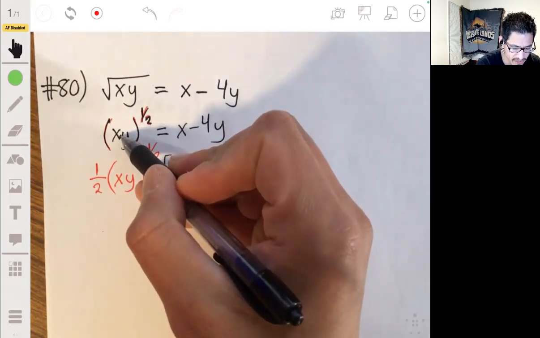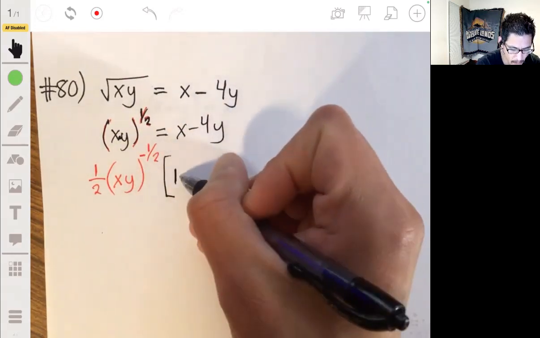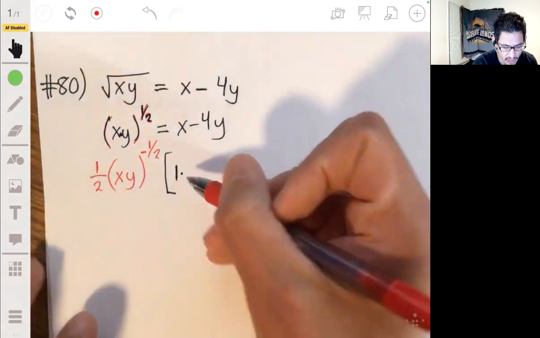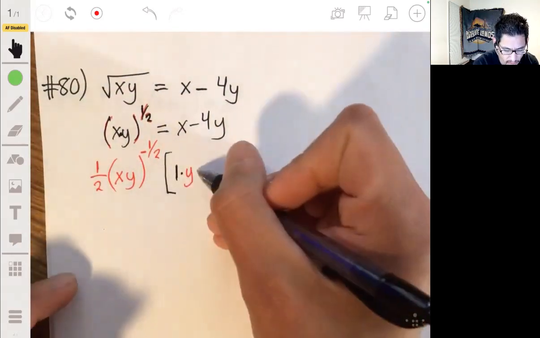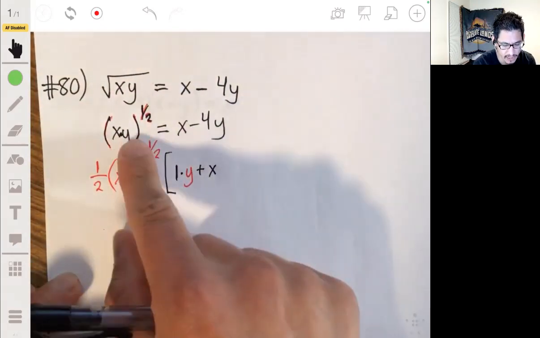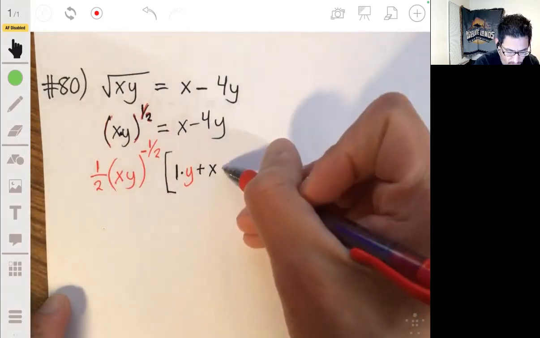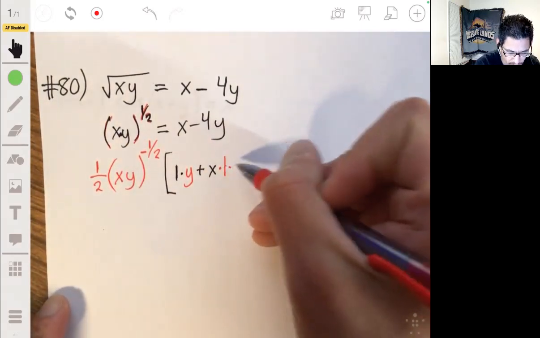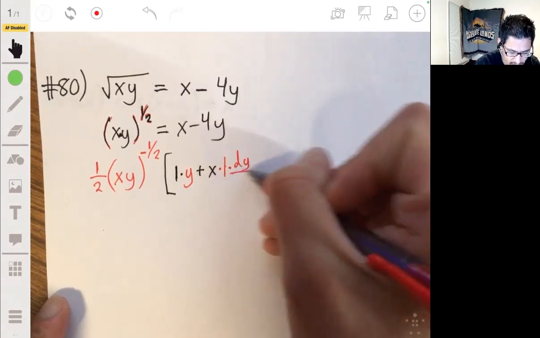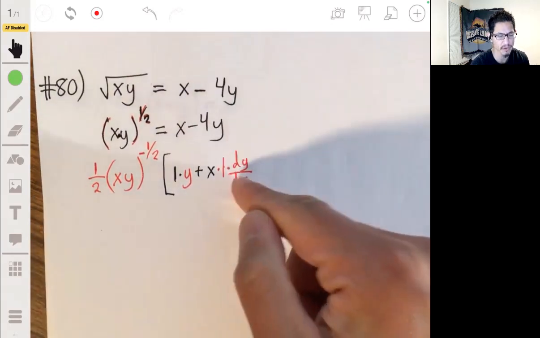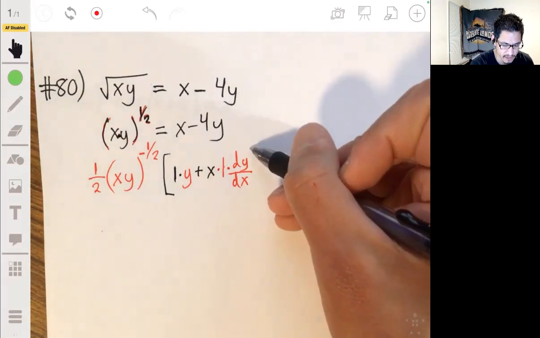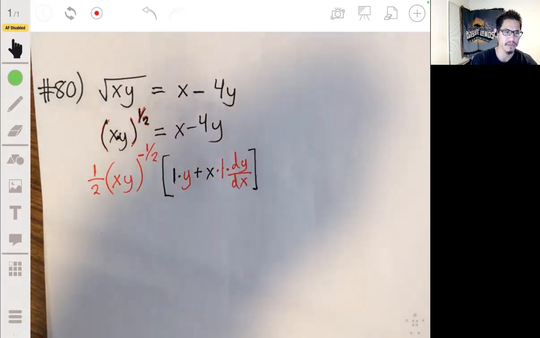So the derivative of x, which is just 1 times y, plus x times the derivative of y, which will just be 1, multiplied by dy/dx. You don't have to write the 1. I just do it just to make sure it's clear that I'm still taking the derivative.